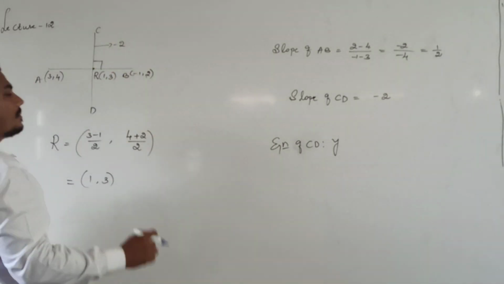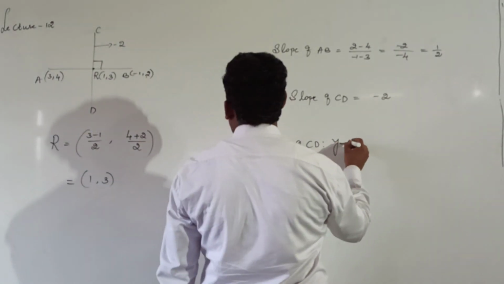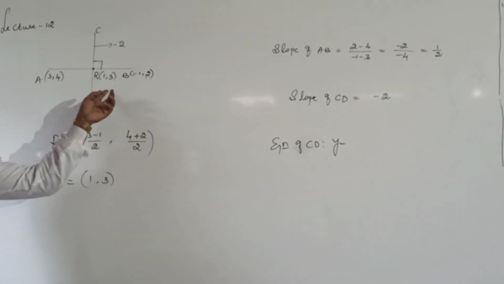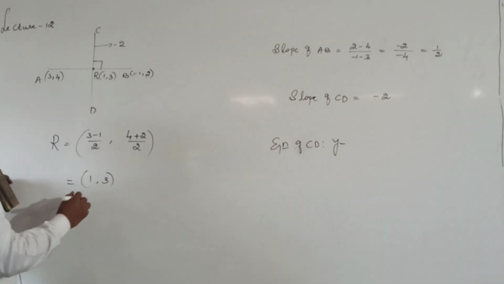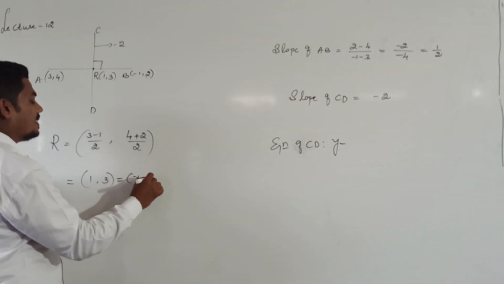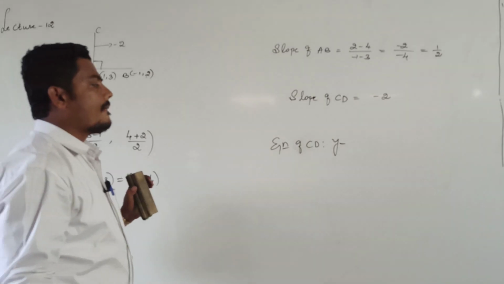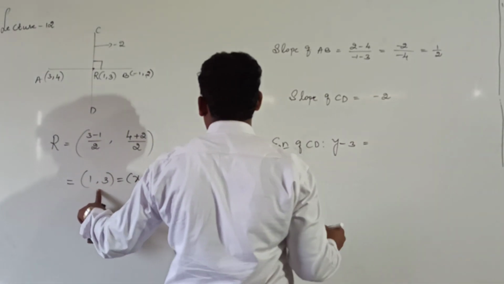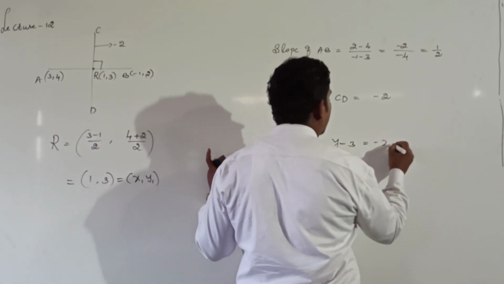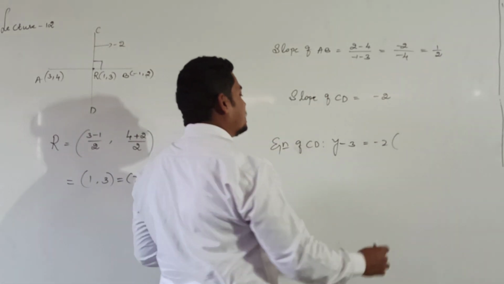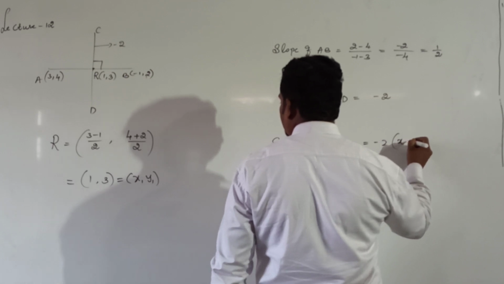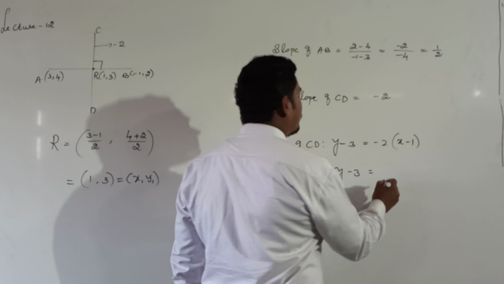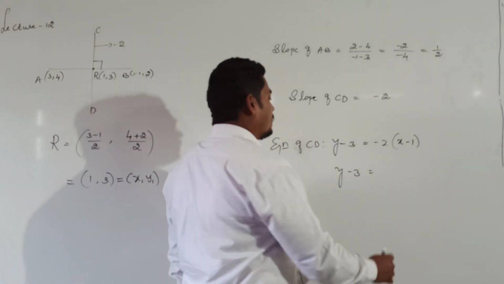Slope-point formula: y minus y1. Coordinates of R are x1, y1. This point is x1, y1, right? y minus y1, that is 3, equals m, what is the m value here? -2. m means slope. x minus x1, that is x minus 1. Usual simplification: y minus 3 is equal to minus 2x plus 2.